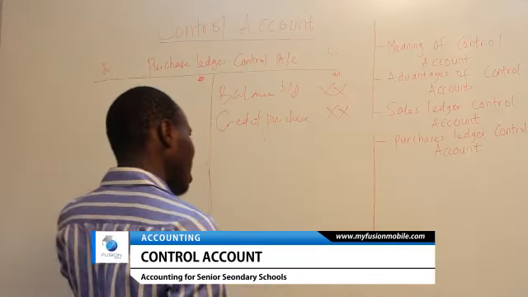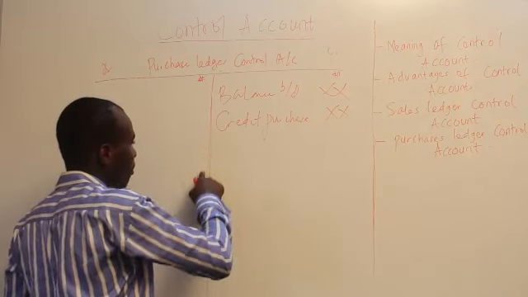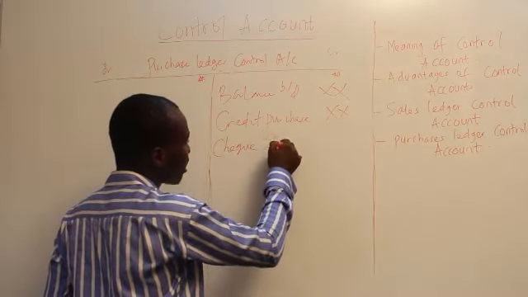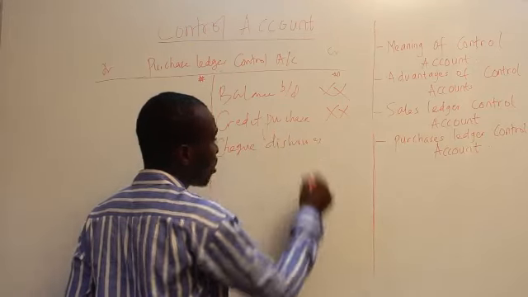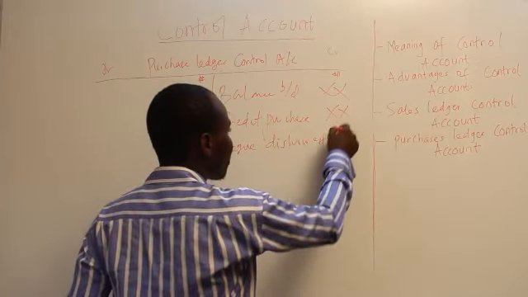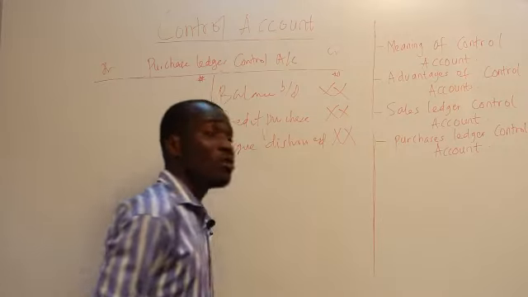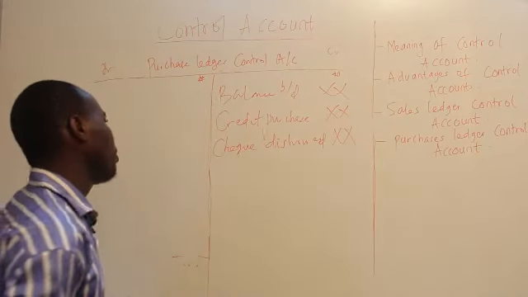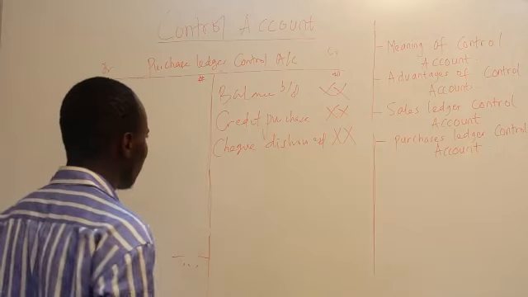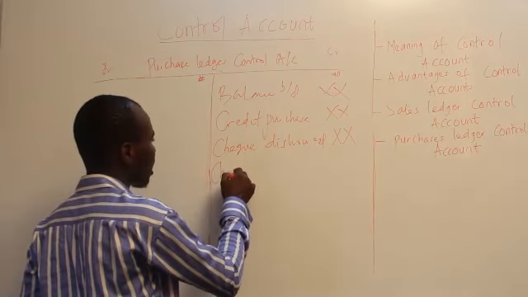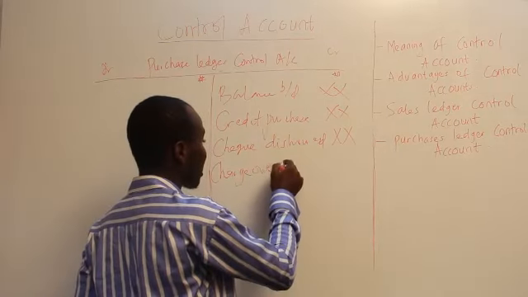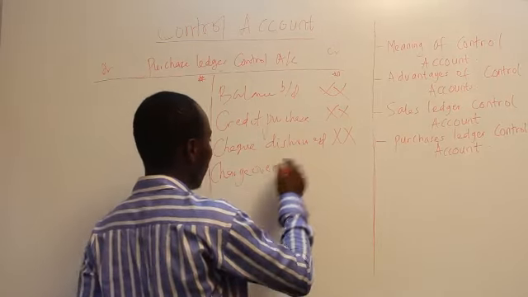The next thing is cheques dishonoured. If the cheque we sent to the supplier is dishonoured, what will happen? The supplier's account has to be credited. The next thing is charges on overdue accounts. The supplier can also charge us on an overdue account.